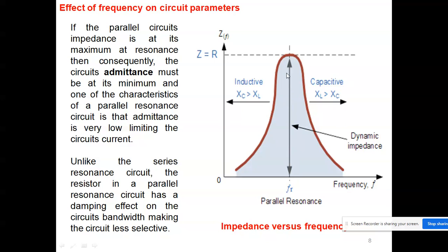In our series RLC circuit it was minimum at the resonance frequency, but here it is the maximum. So at resonance, the circuit admittance must be at minimum, and we can see the impedance at the maximum.